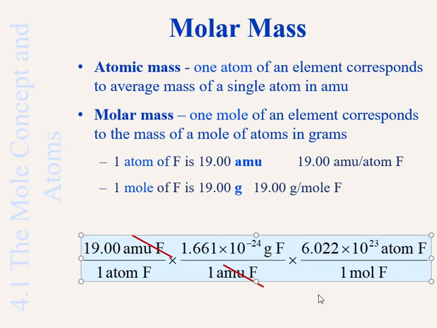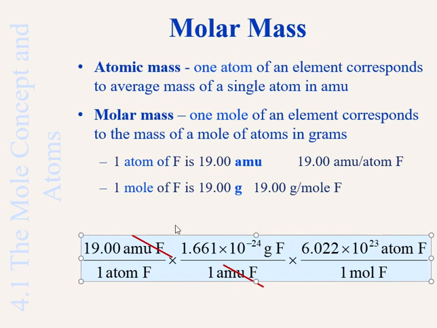What can cancel out now? Can you see something that can cancel out? Atoms of fluorine here and atoms of fluorine here cancel out. Remember, only a denominator and a numerator term cancel out. They are in the fractional form and they will cancel out. It's very basic math. And when you do this calculation, as I had told you for chapter 1 metric conversions, you want to put everything in parentheses.